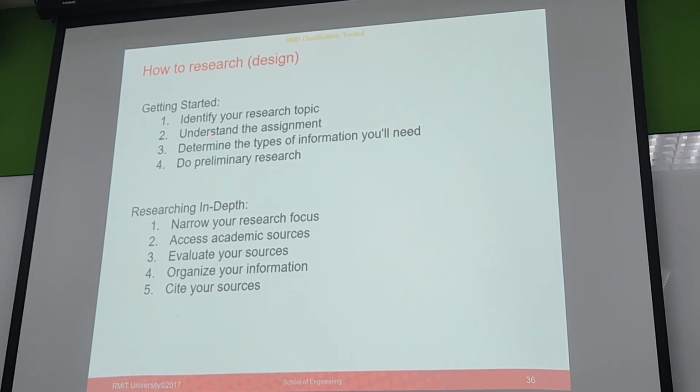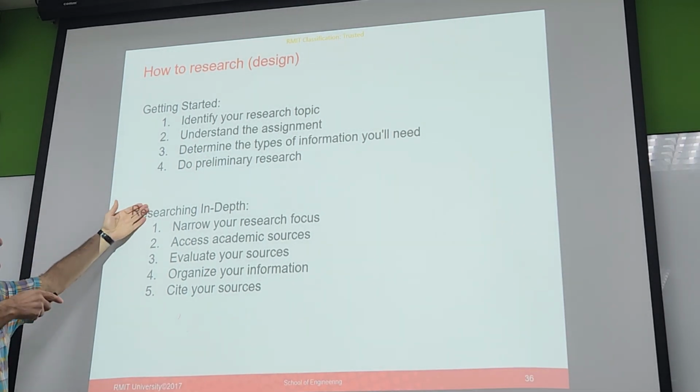In getting started, you identify the research topic, understand the assignment for the topic, determine the type of information, and do preliminary design and research. So quickly, what do you like to do? I like to work on intelligent vehicles, and then you understand what your assignment is, or what you should do. After this getting started, then go deep.